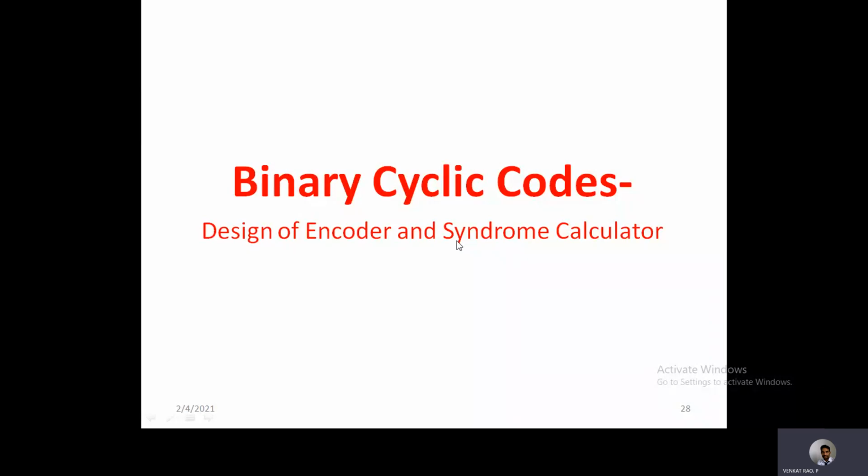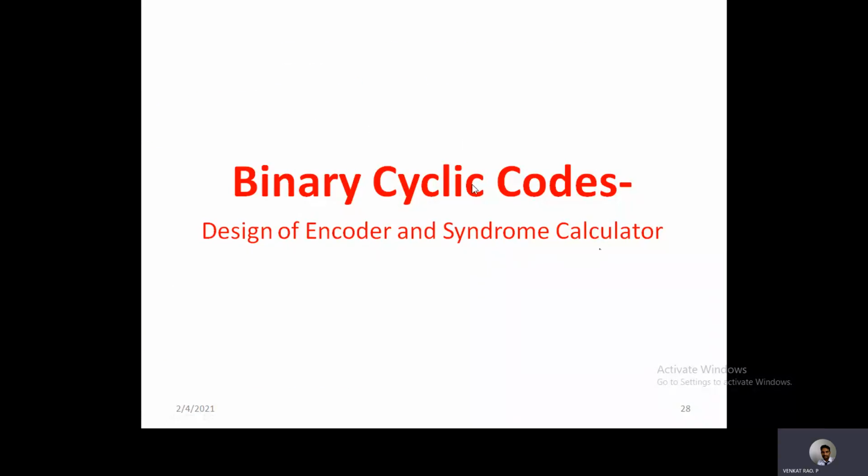Similarly, how to decode by using cyclic codes, how to design the syndrome calculator, how to find the syndrome, and based on that syndrome, finally how to decode the error vector, or how to decode the final message bits from the received vector. Okay, so all these things will be discussed in this particular lecture session.